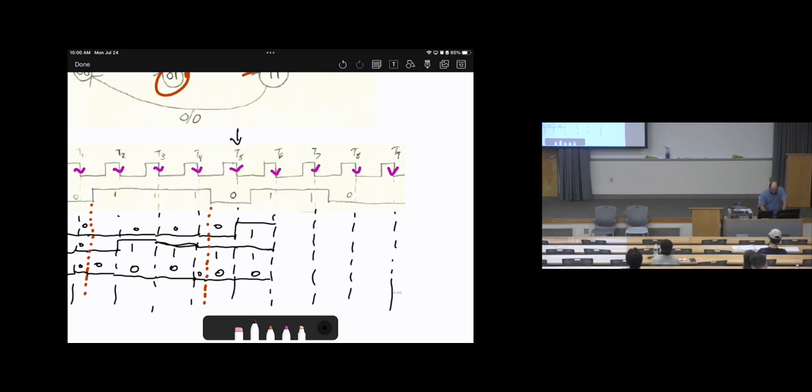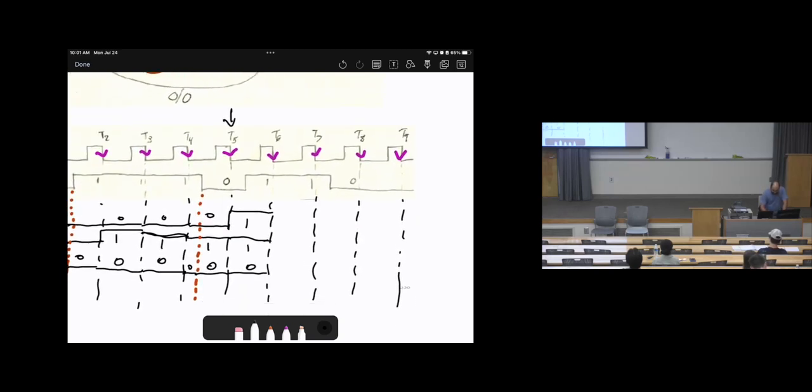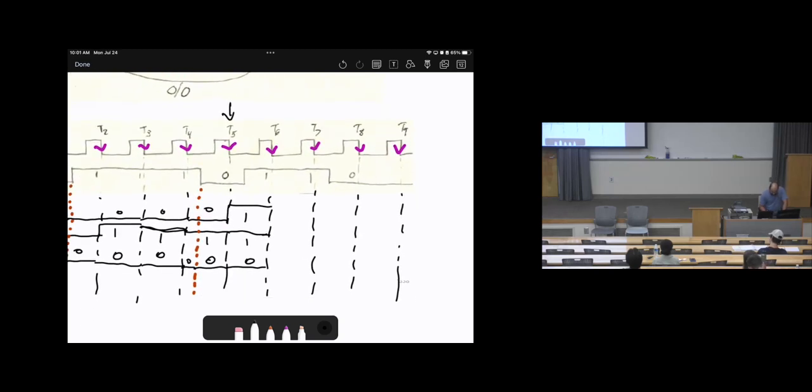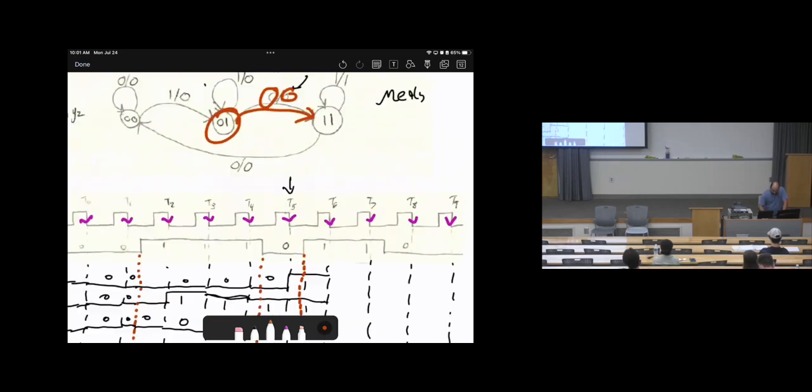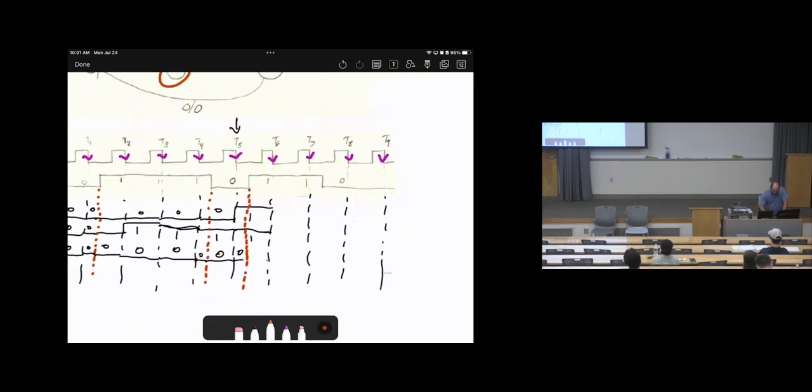Then, look at T6. At T6, okay, is there a mid-cycle change? Yes, I forgot this mid-cycle change here. There's a mid-cycle change that might or might not affect. So here the input is 0. Then this mid-cycle change might or might not affect the outputs. We are now at 1, 1.